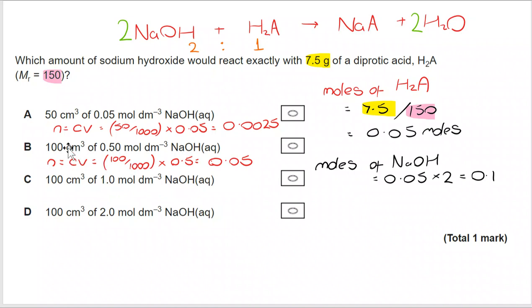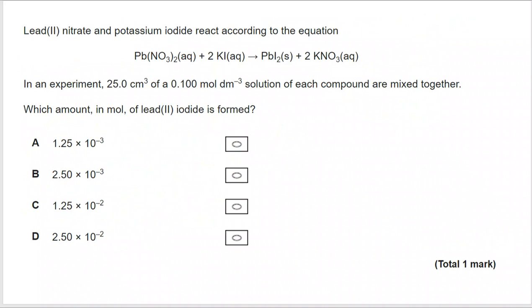You can see in both of these I've converted my cm cubed to dm cubed. That gives me 0.05 moles. So again, that's incorrect. If I take 100 cm cubed of 1 molar NaOH, well, my concentration is 1 and my volume is 100 divided by 1000, which comes to 0.1. So I found the correct answer. We're looking for C.